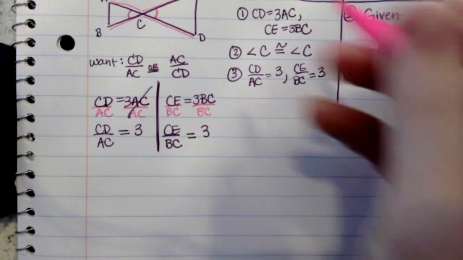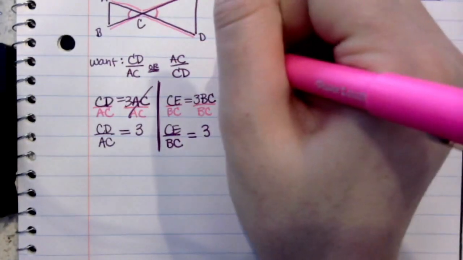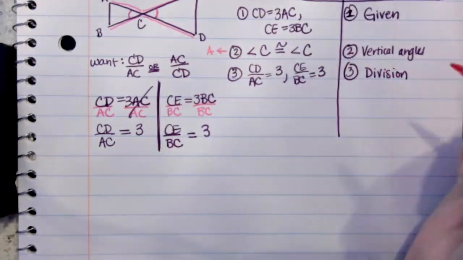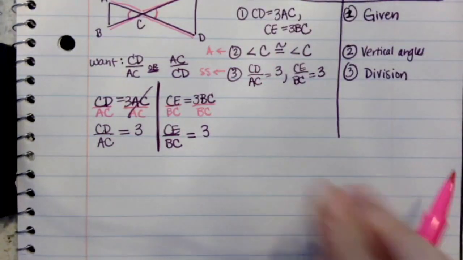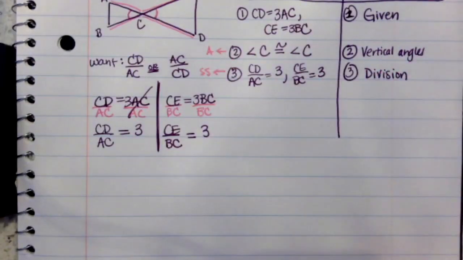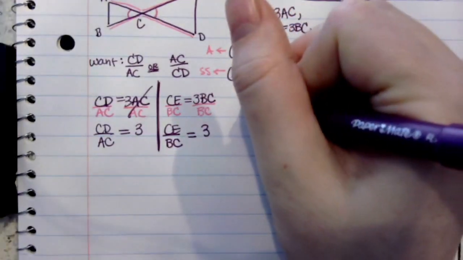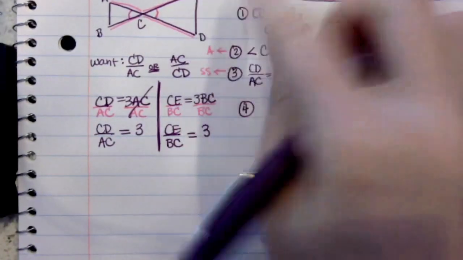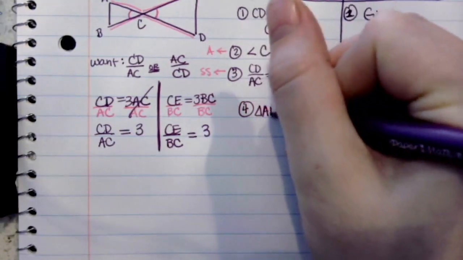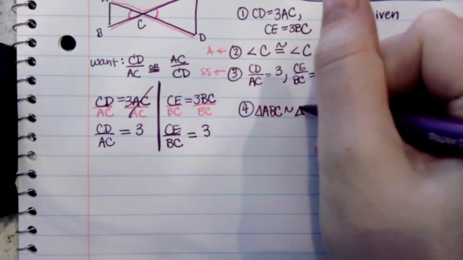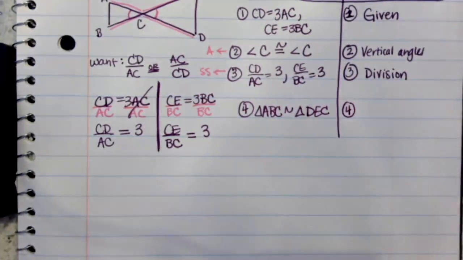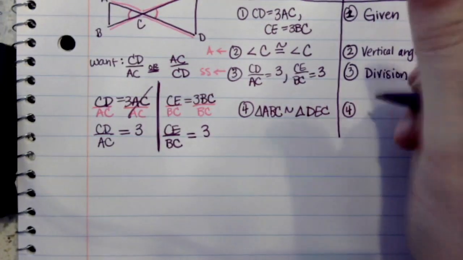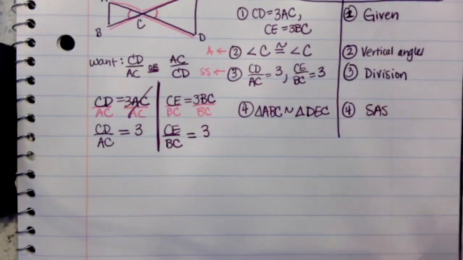And so now you can see, here I have an angle, and here I have my 2 sides. And so together I have SAS, so I am ready to end my proof. So 4 is that triangle ABC is similar to triangle DEC. And the reason is SAS.